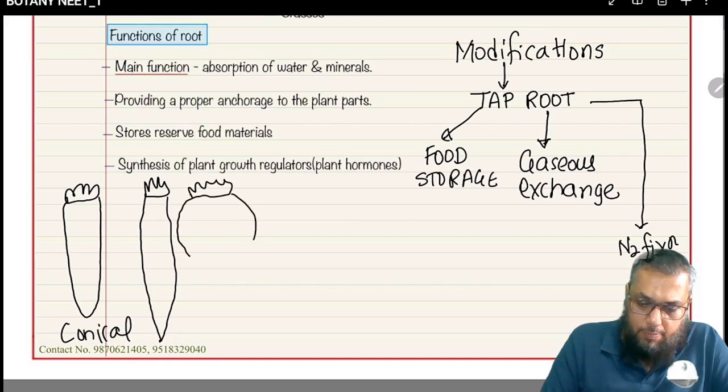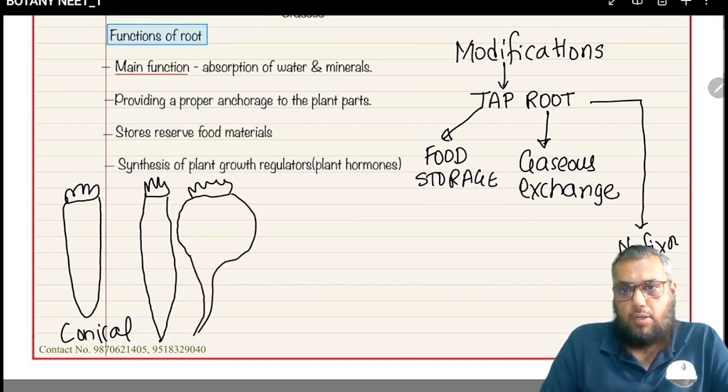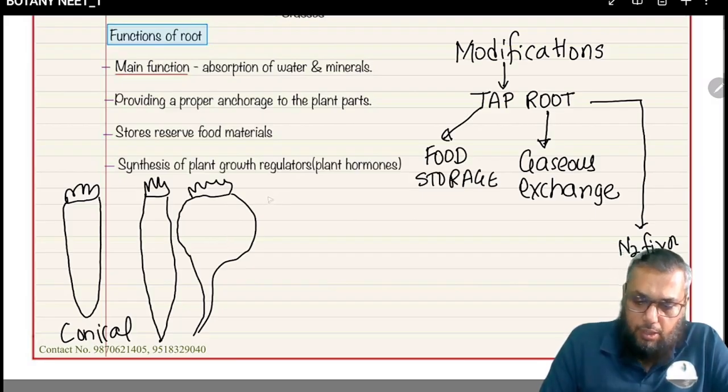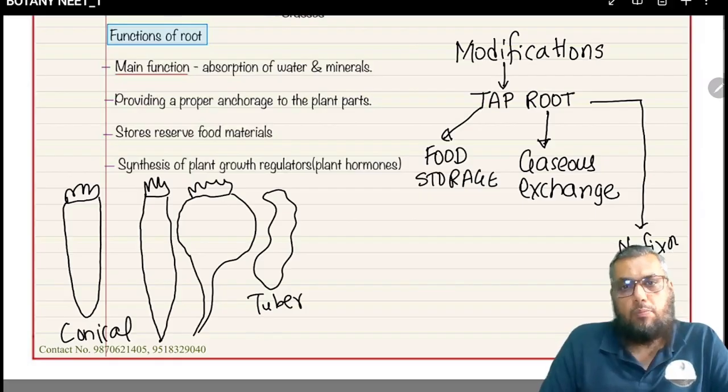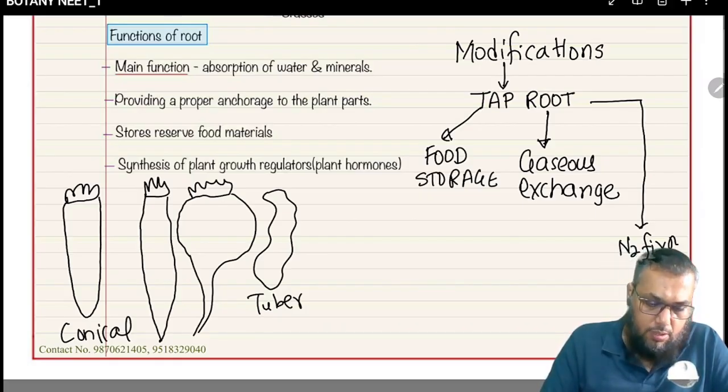If it is swollen at the base and suddenly tapers, it is napiform, that is beetroot, Beta vulgaris. If it is irregular in shape, then it is called a tuber of Mirabilis jalapa, which is also called the 4 o'clock plant. So that is what happens when it is being modified for food storage.